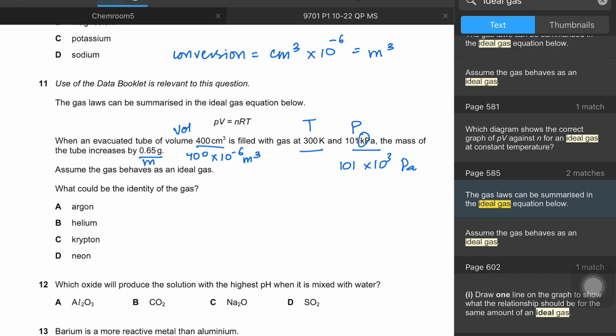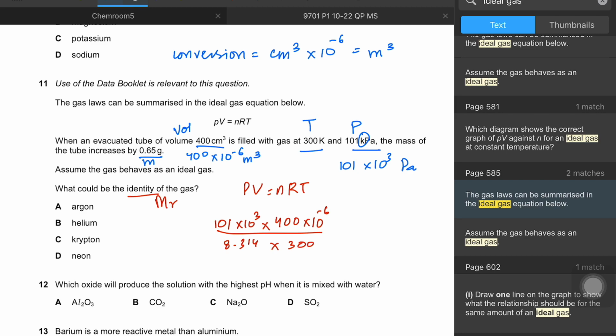Assume the gas behaves as an ideal gas. I have the mass with me. So PV is equal to nRT. I need to find the Mr of the gas because I need to find the identity. So PV divided by RT would give me the number of moles. So I put these values here. 8.314 is the value of R. Temperature is 300 Kelvin.